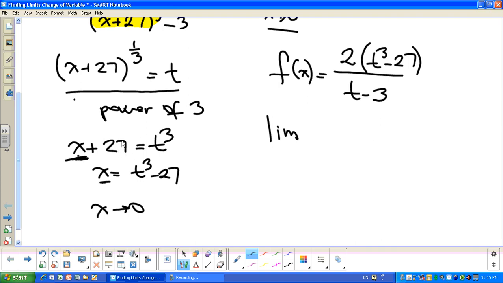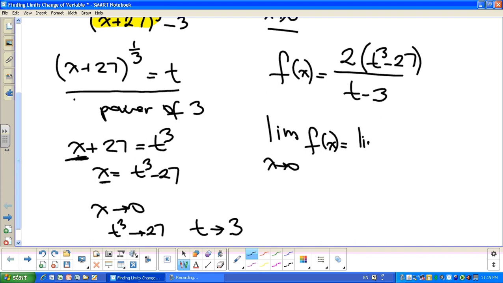So t cubed approaches 27, which means t must approach 3. So my new limit, instead of limit as x approaches 0 of f of x, can be written now as limit as t approaches 3 of 2 times (t cubed minus 27) over (t minus 3).